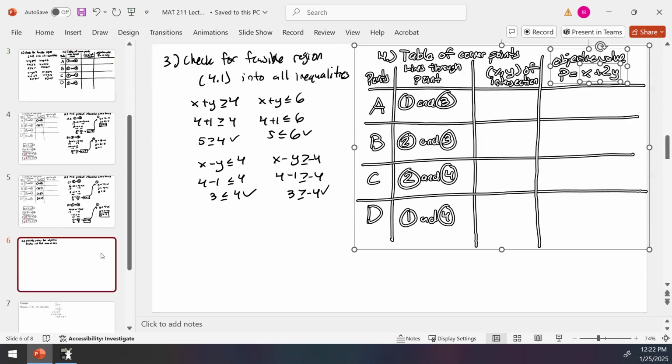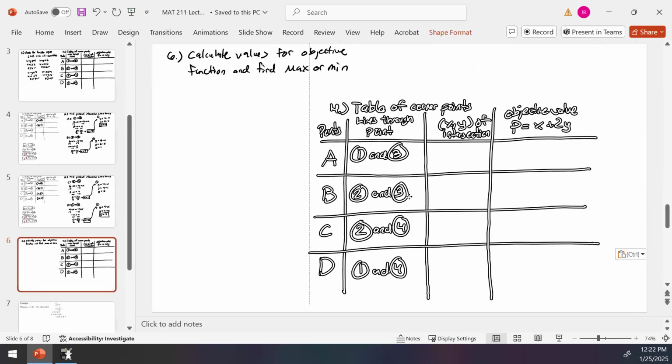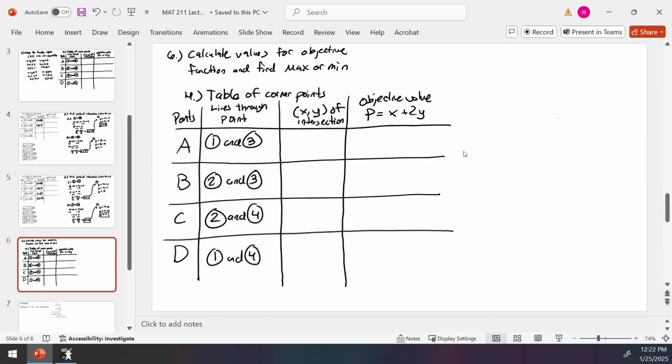So let's just copy over the table right here. Don't need that anymore. And so we found that this was 4, 0, 5, 1, 1, 5, and then 0, 4, right? And so now I just plug it in.